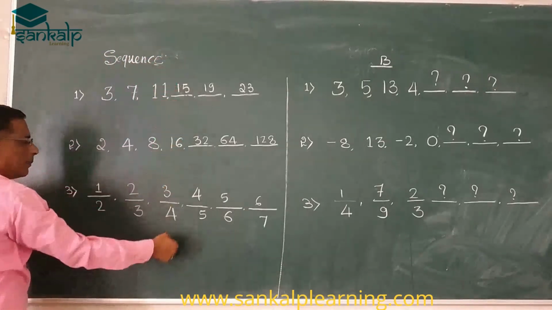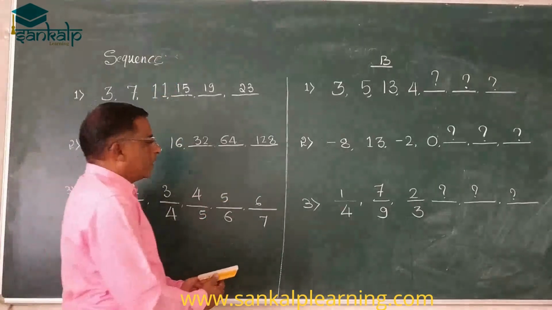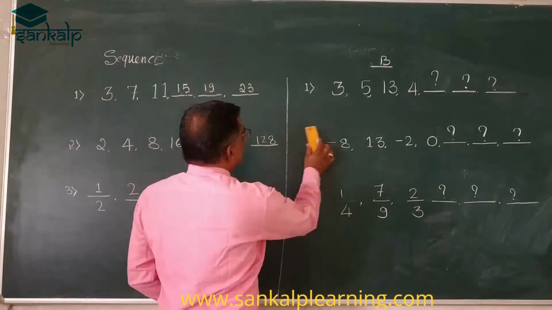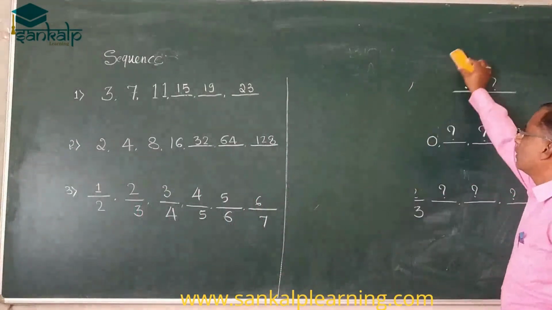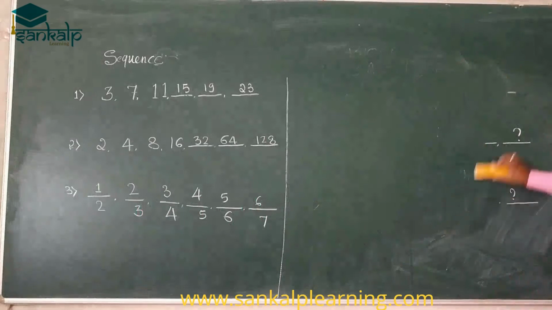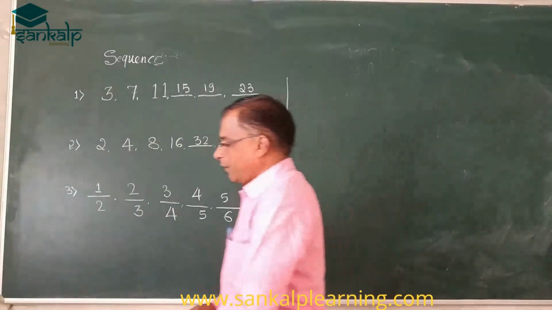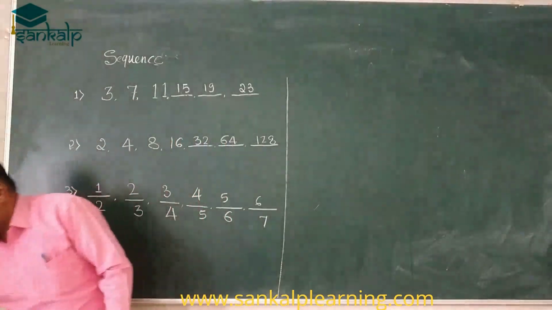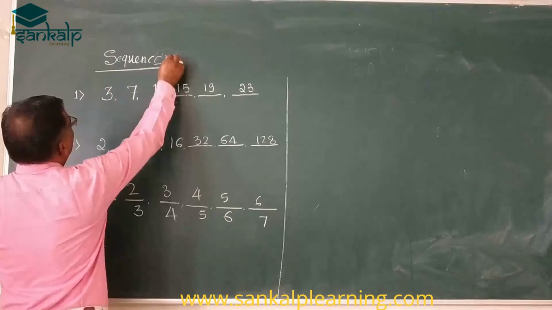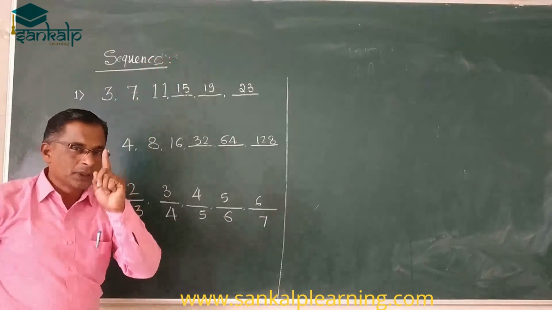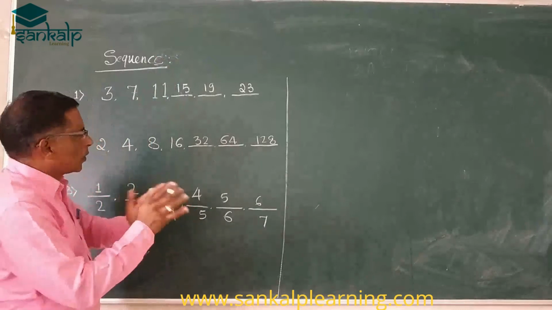Each of these examples is a sequence, whereas the other side, what we have taken, these are not sequences. So the first set of numbers stands for a sequence. A sequence is a set of numbers or a list of numbers which are written according to a rule. One or other rule they follow.